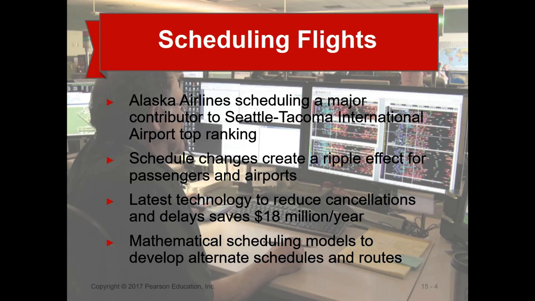So they use the latest technology to reduce cancellations and delays, and save around $18 million per year. When we do scheduling, the software actually uses a lot of mathematical modeling and very cool algorithms.